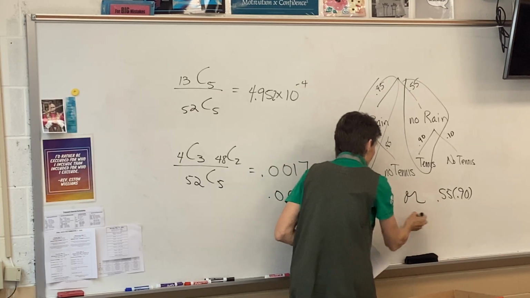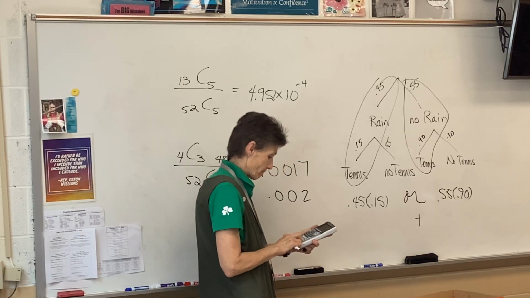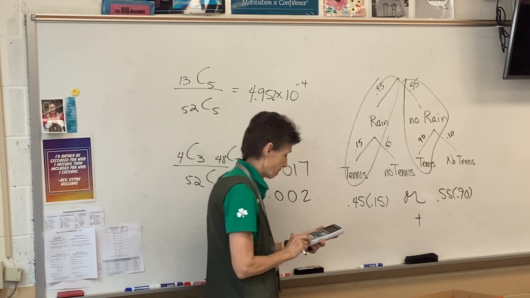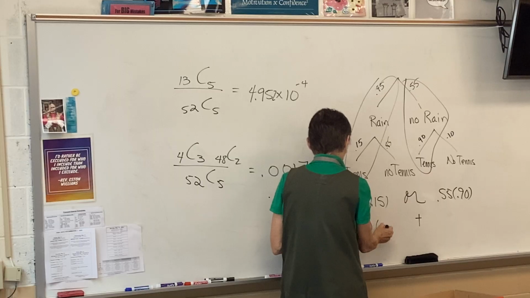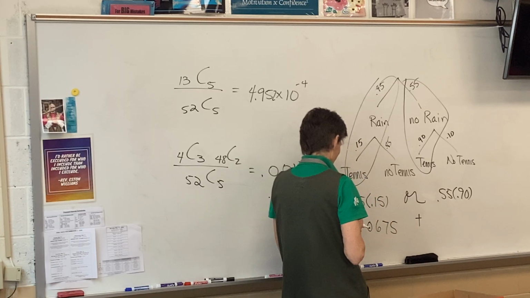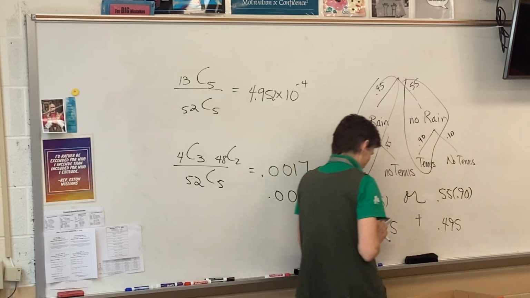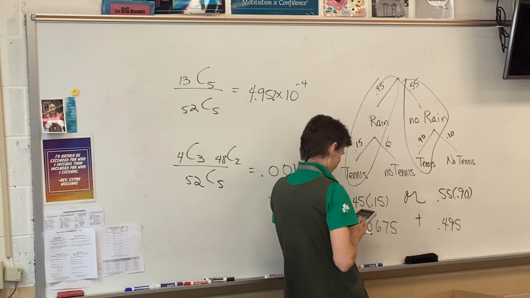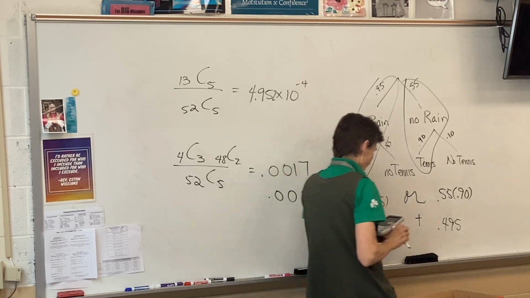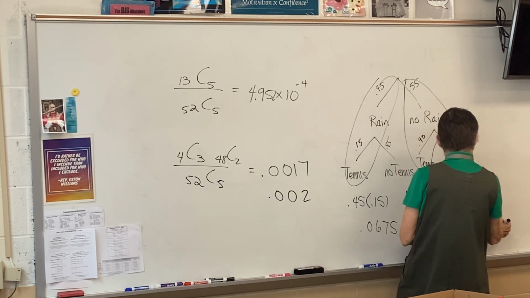So I'm gonna figure out what those two individuals are. I got 0.5625.